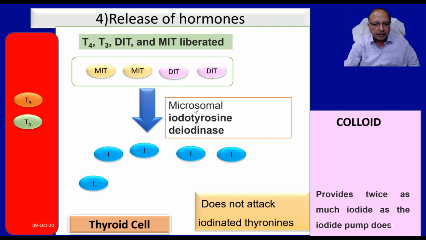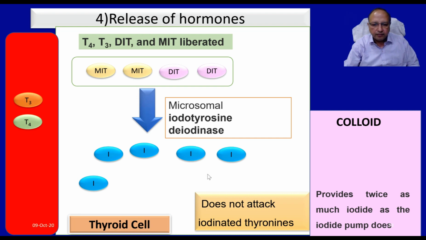But these MIT and DIT will be acted upon by the microsomal iodotyrosine deiodinases within the thyroid cell itself, and then it will liberate a large amount of iodide ions. And so these iodide ions can again be reused for the production of more T3 and T4.